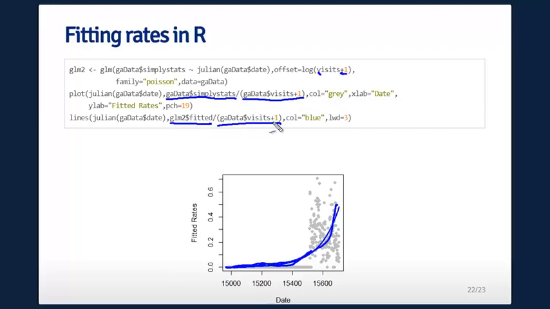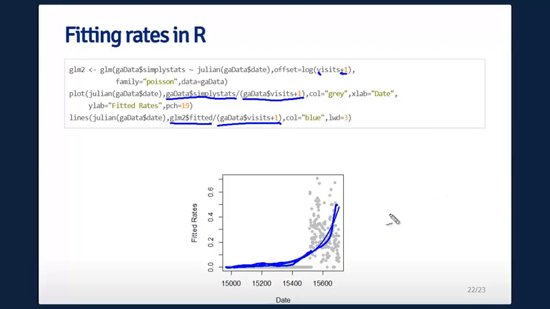Okay, so that's how you model rates in R. In Poisson models, it's just a function of adding an offset, a term that does not have a coefficient, and you want your offset to be the log of whatever you want to be in the denominator of your rate equation, and then R will just take care of the rest.